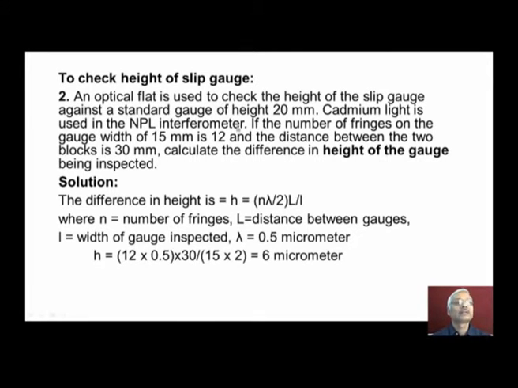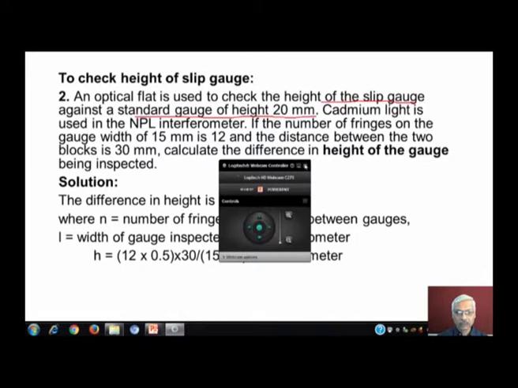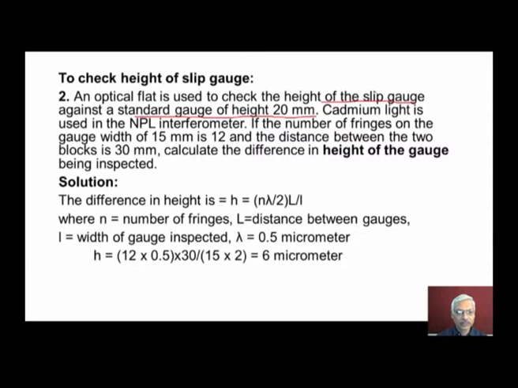The problem is like this: an optical flat is used to check the height of a slip gauge against a standard gauge of height 20 millimeter. That means the given slip gauge is compared with the height of the standard gauge of height 20 millimeter.